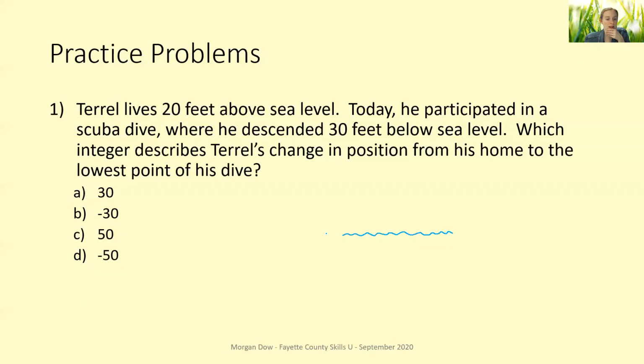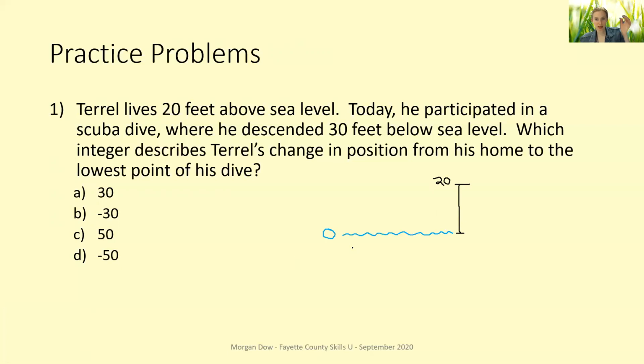So sea level here would be 0 feet of elevation. Now we're told that Terrell lives 20 feet above sea level. So Terrell is up here. He's 20 feet above sea level.